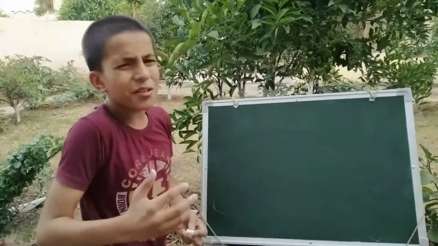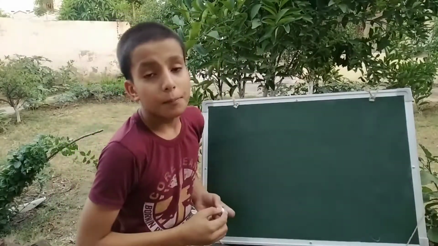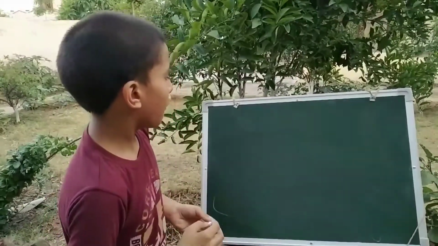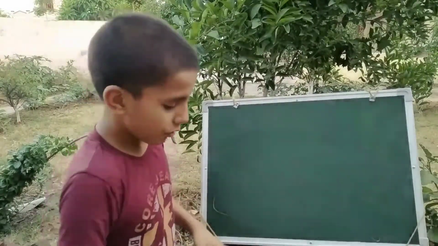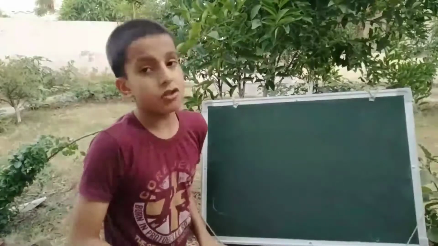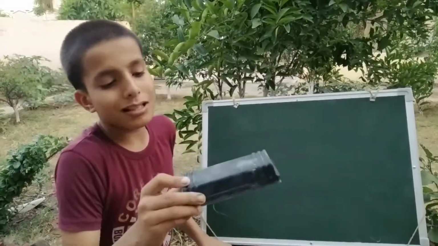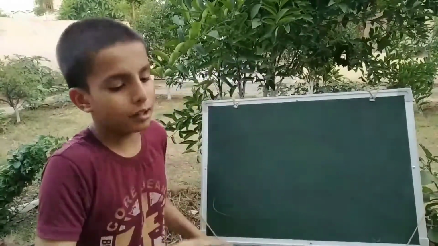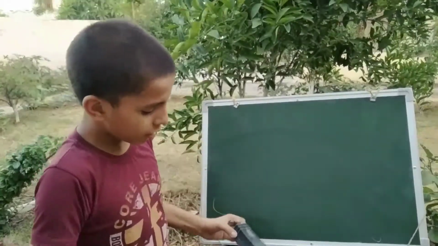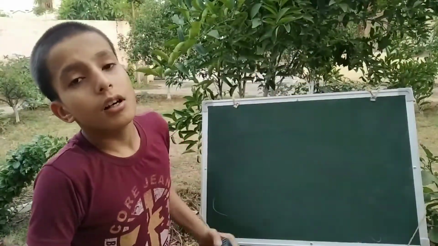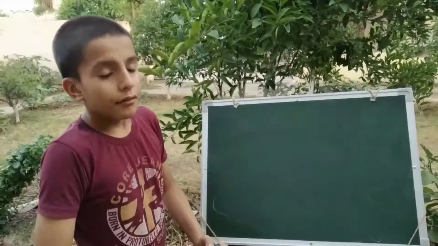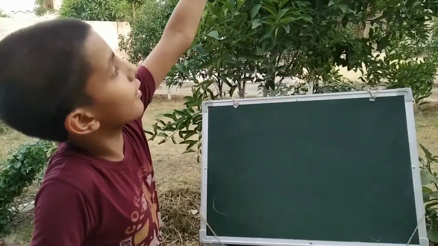And let's do some numericals on potential energy. For example, there's a duster of 20 gram, and I have taken it to a height of 5 meters, up like this.